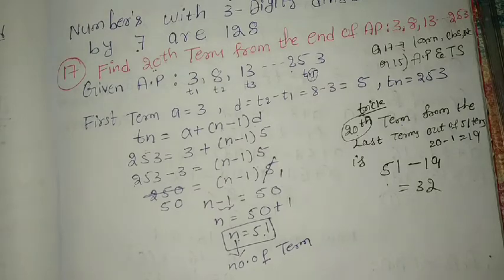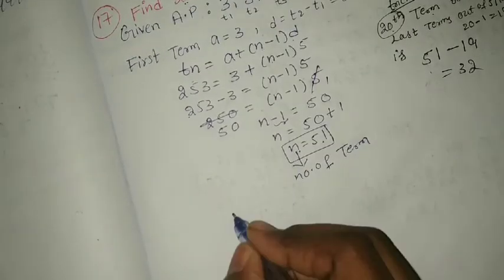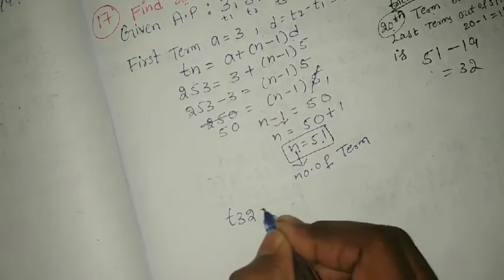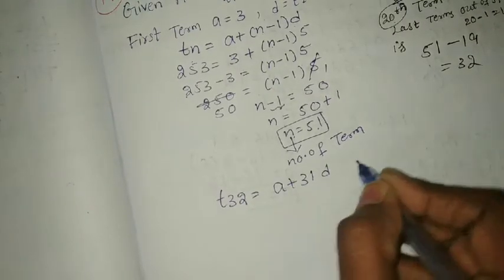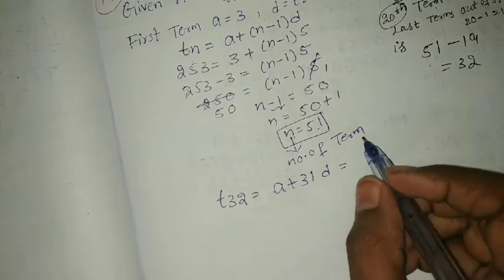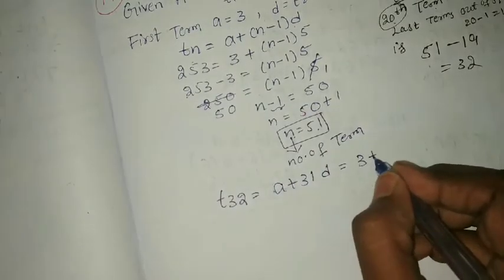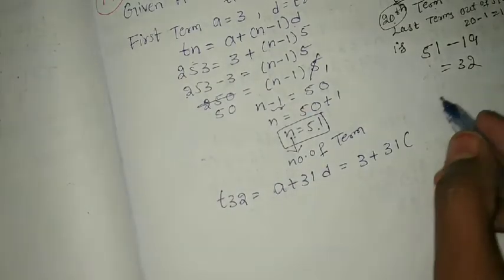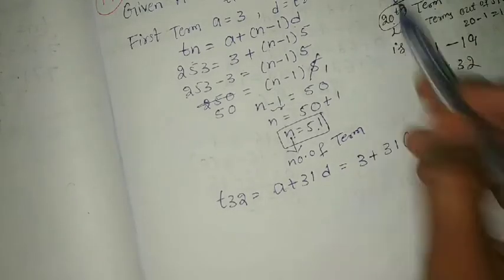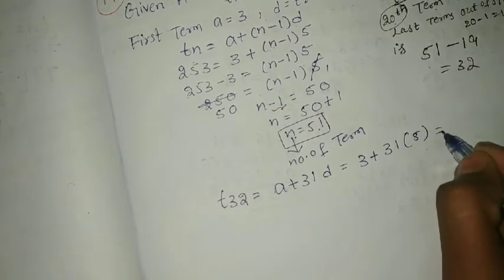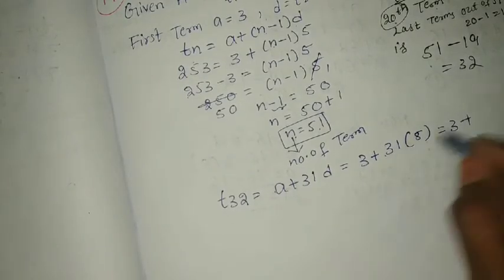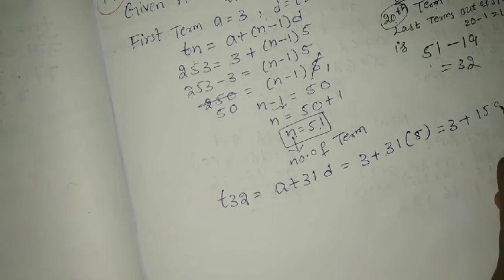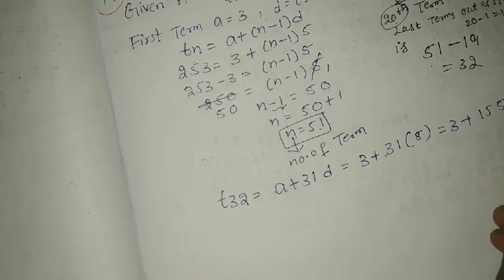Understand? So, next, what do we have to write here? The term 32 we need to find. What is the formula? I told you before. That is A plus 31D, that is equal to, what is A? A is 3. 3 plus 31 into D. Common difference? 5. So 3 plus 31 5s are: 3 5s are 15, 5 1s are 5, 155 we have.